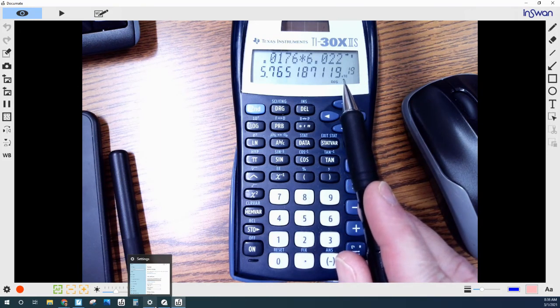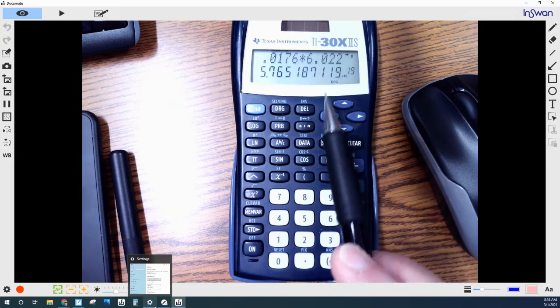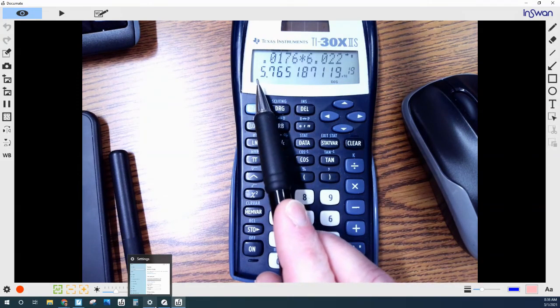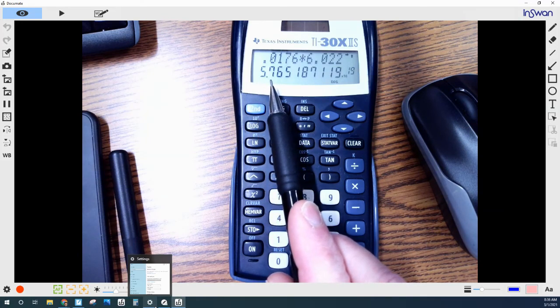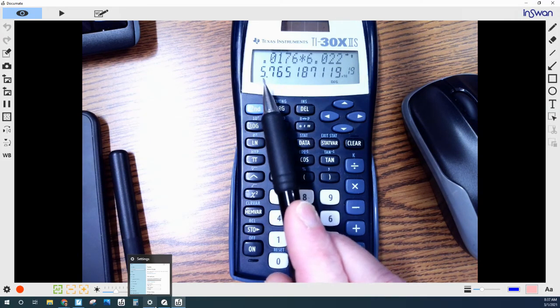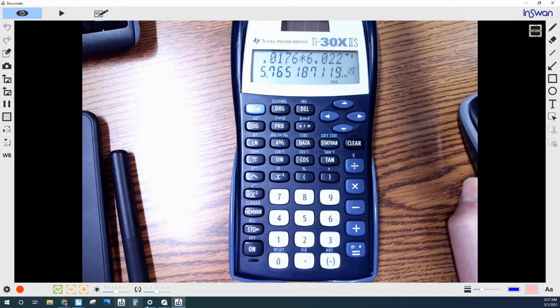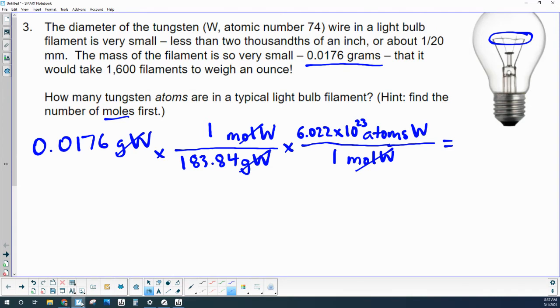Notice this is times 10 to the 19th power. Now my starting value had 3 significant digits, so I want to round this to 5.77 times 10 to the 19th power, and that is atoms of tungsten.